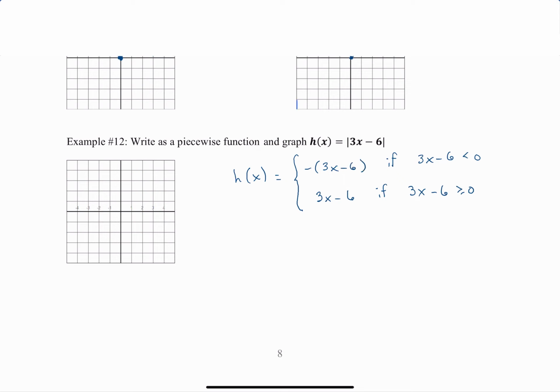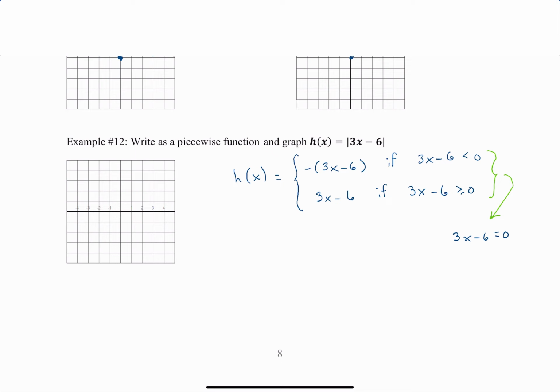Now, we can do some cleanup here to make this more user-friendly. So notice that the changeover point for the two pieces is when 3x minus 6 equals 0.